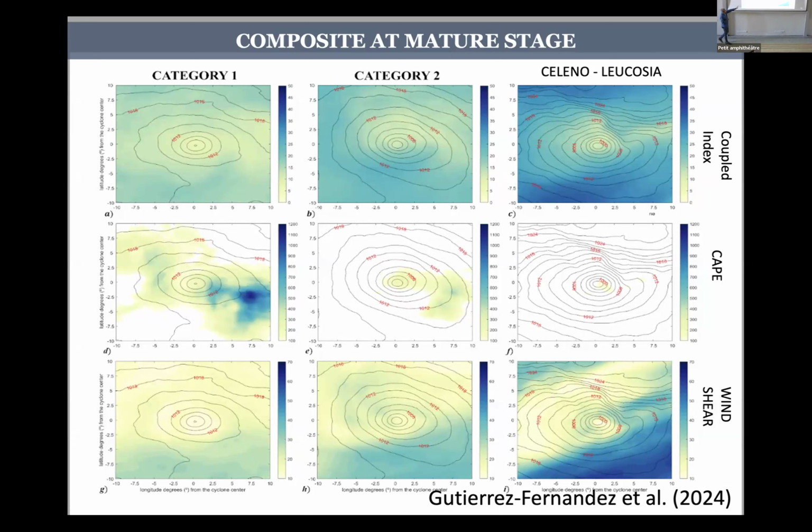And we found that the two categories of cyclone identified in this way show different characteristics, in particular in terms of CAPE and of wind shear. And if you want to know more about this, have a look at the poster. It's interesting that the case developing in January has completely different characteristics: very limited CAPE, and very intense low-level wind shear.